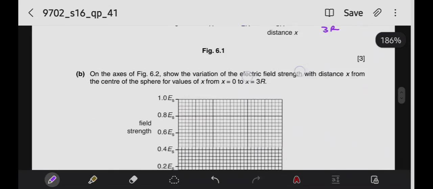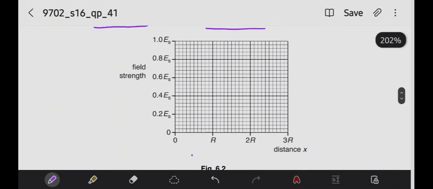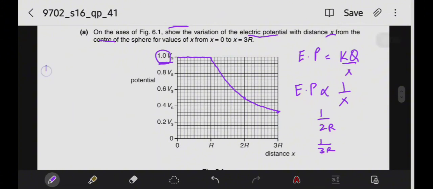That's it. Part B. On the axis of figure 6.2, show the variation of electric field strength with distance x from the center of the sphere for values of x from 0 to 3r. Okay, so let me write down here. Inside a metal sphere, electric potential is constant.